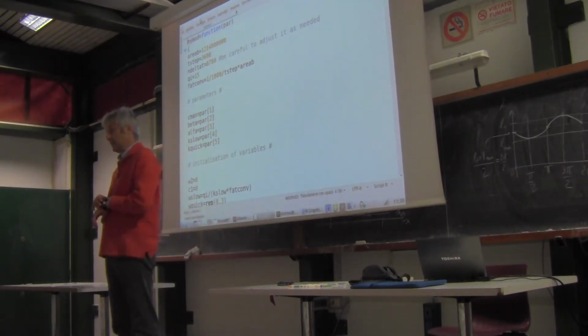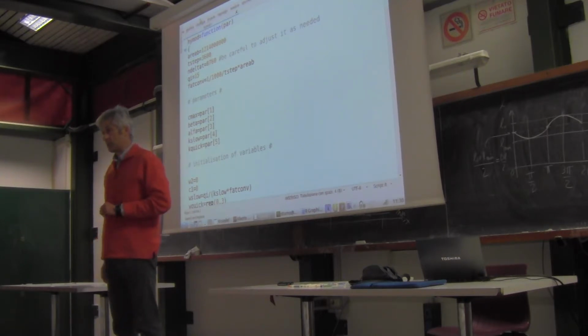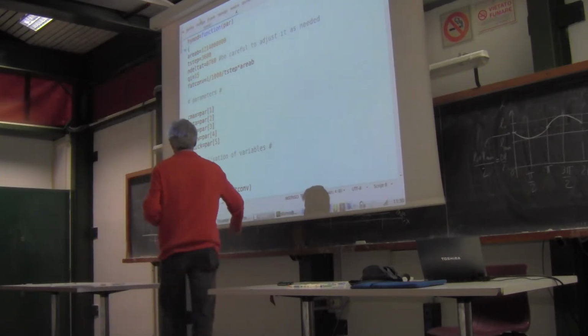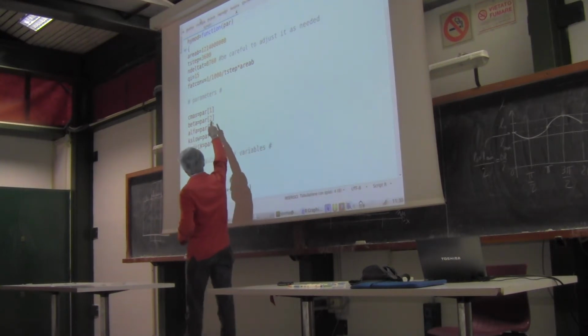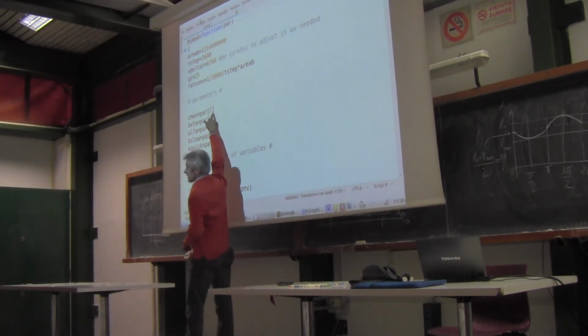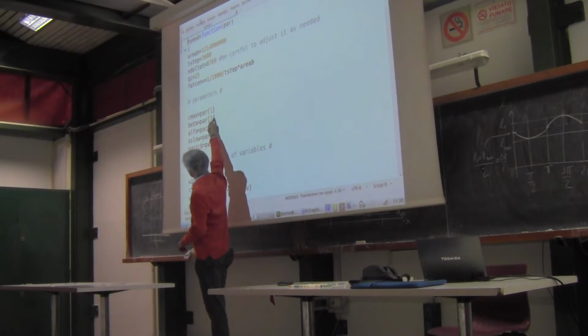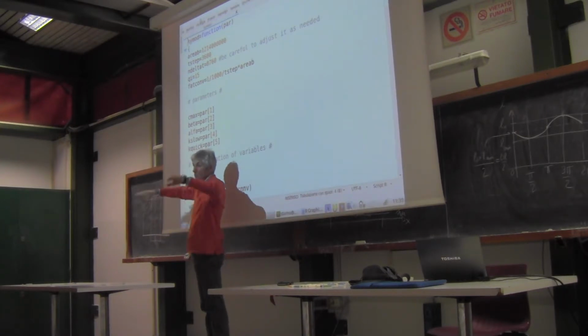If you want to run this program, we need to give values for these parameters. And here you see the meaning of the 5 parameters. In this vector PAR, the first element is Cmax. The second element is beta. The third is alpha, which is a weight, splitting the contribution into quick flow and slow flow.